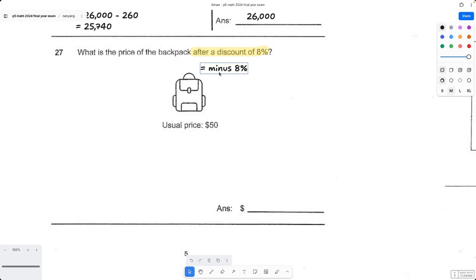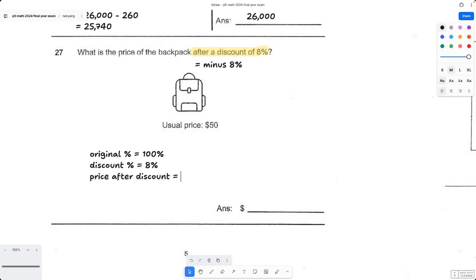The original percentage is equal to 100%, so the discount percentage is equal to 8%. So the price after discount is equal to 100 minus 8. This will be 92 percent.